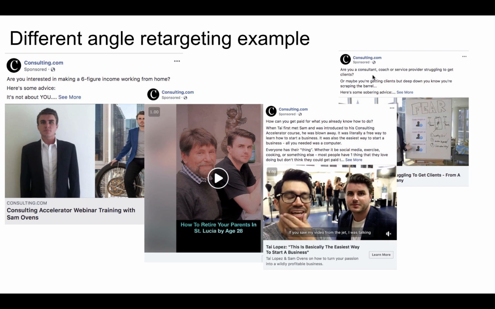And then here: "Are you a consultant, coach, or service provider struggling to get clients?" So hitting on the pain points of struggling to get clients. You see how these are all hitting on different benefits and different pain points, but they have the same offer in the back end. You're just using different words, benefits, and pains to appeal to different people.